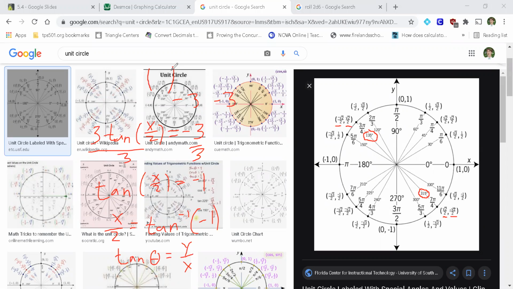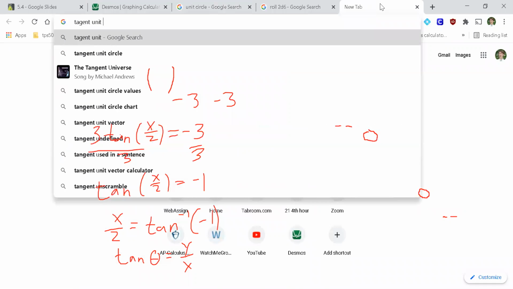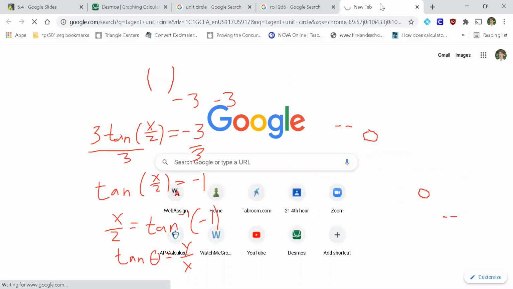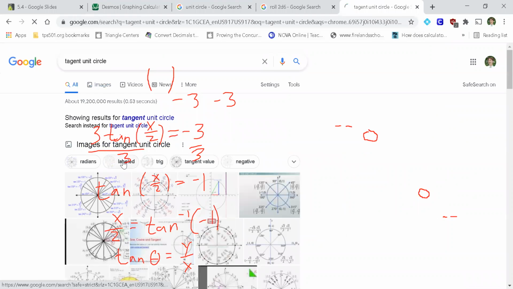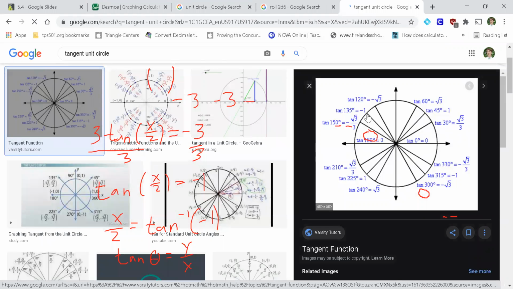And again, you don't really have to make this problem as hard as that, where you're thinking, oh, it's y over x, and then how can I make that work by quotients? You can Google tangent unit circle images. First one. And then it'll have them all already divided out, so you can just read your answer.